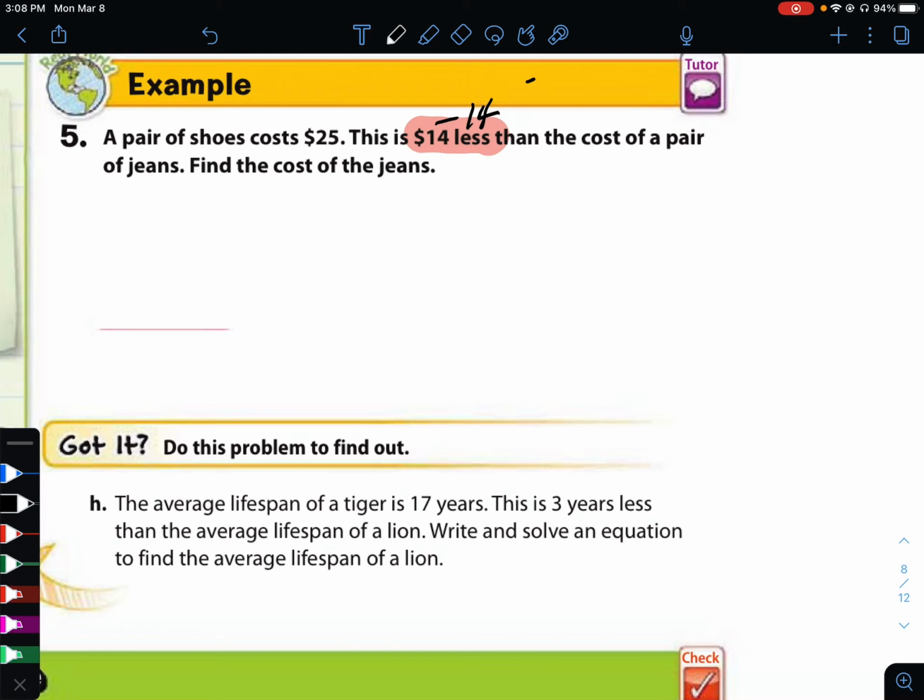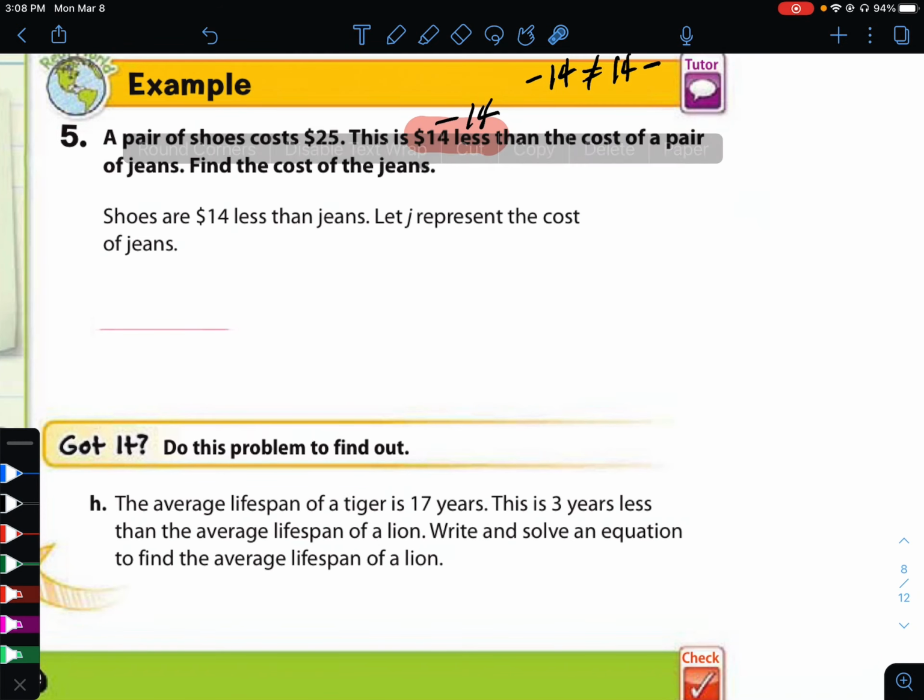So remember, minus 14 is not the same as 14 minus. That's due to the fact that subtraction is not commutative. So knowing that, we will represent the cost of our jeans as our variable. Shoes are $14 less than your jeans, so we'll let J represent the cost of our jeans.